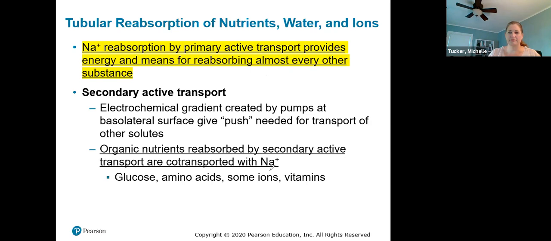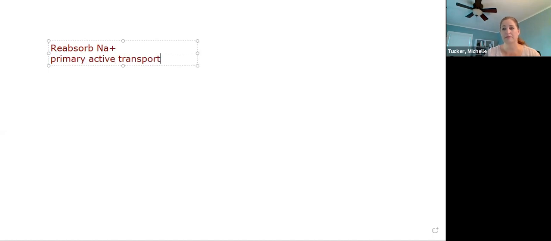So the first thing we need to do is reabsorb sodium. We do this through primary active transport, using the sodium potassium ATPase pump to pump sodium out of the kidney tubule.